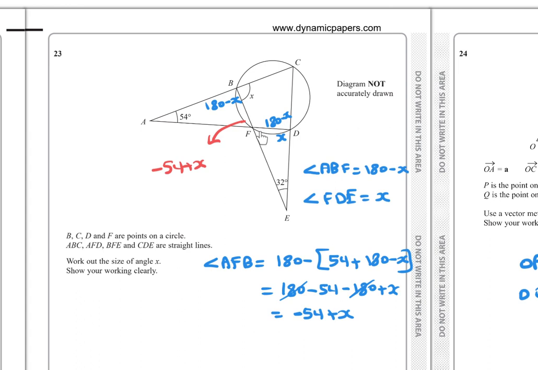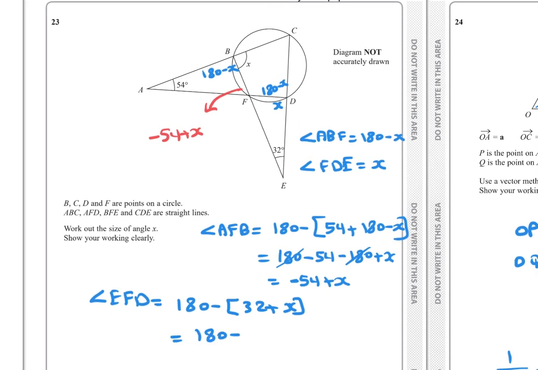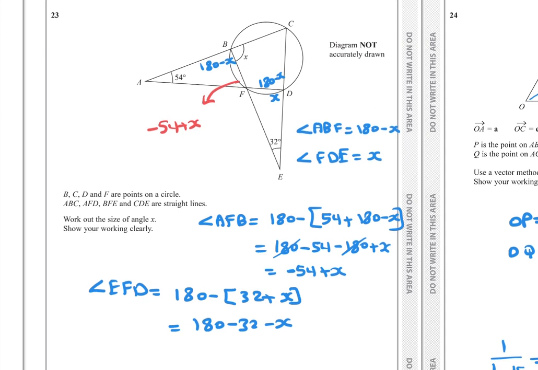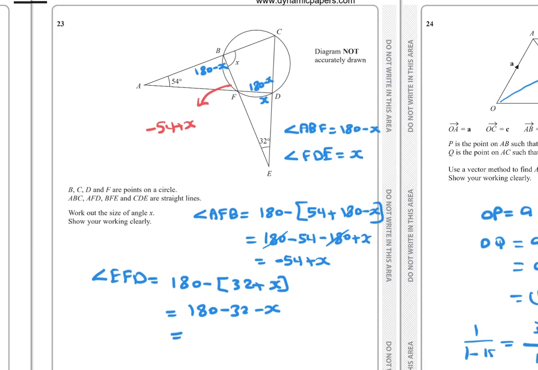By the same way, we can find this angle EFD in terms of x, equals 180 minus bracket 32 plus x. So equals 180 minus 32 minus x equals 148 minus x. So this angle is 148 minus x.